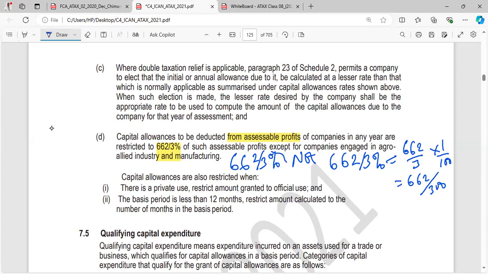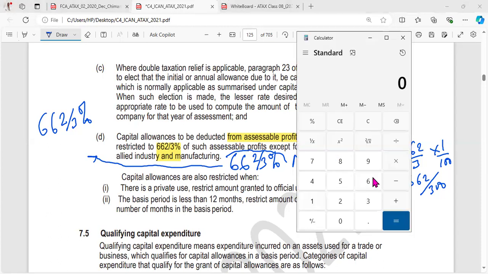But looking at 66 2/3%, you change it from a mixed fraction to an improper fraction. You say 66 times 3, what does it give us?